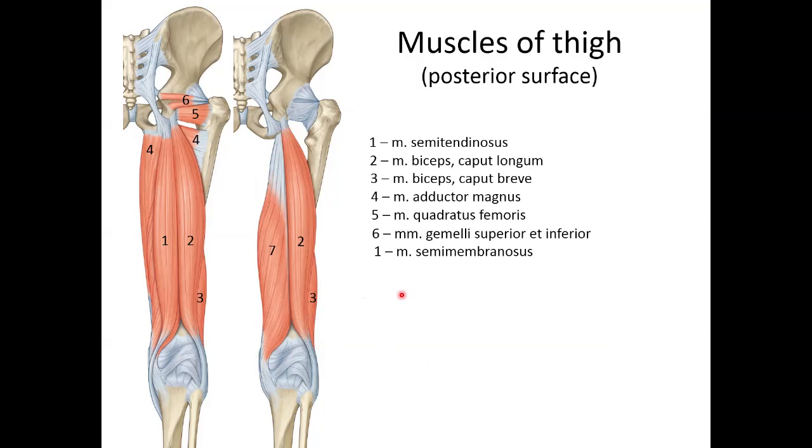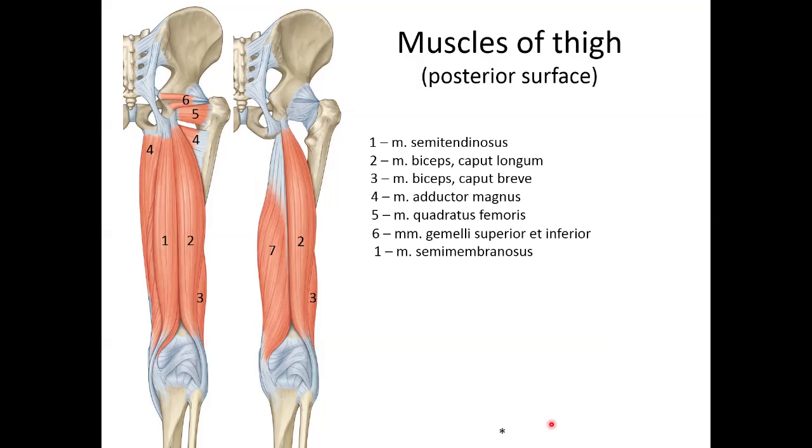So one half of this muscle is membrane, but this membrane, in comparison with semitendinosus, is superiorly located. The tendon of musculus semitendinosus is here inferiorly, but the tendon membrane of musculus semimembranosus is located superiorly.